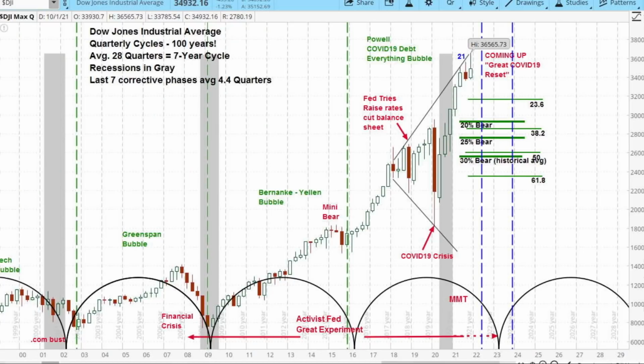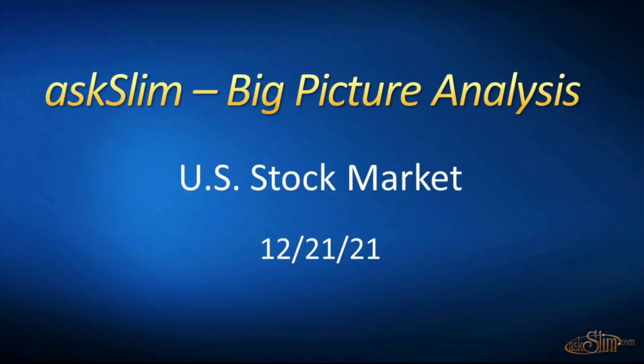And you can see these cycles, they are just amazingly consistent as each of those cycles averaged 7 years, 28 quarters, and we have yet to go into that corrective process for this cycle, and we're just in a very unusual time anyway, because no time in history have we had the interest rates as low as they are right now and a situation where the Fed is set up to raise interest rates.